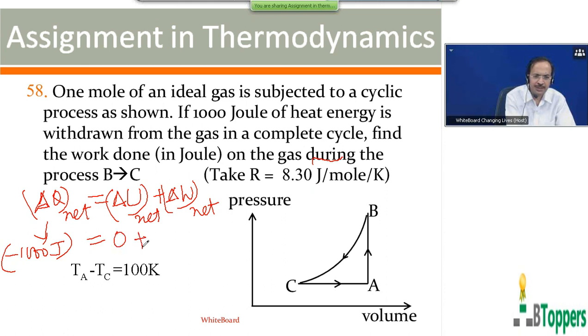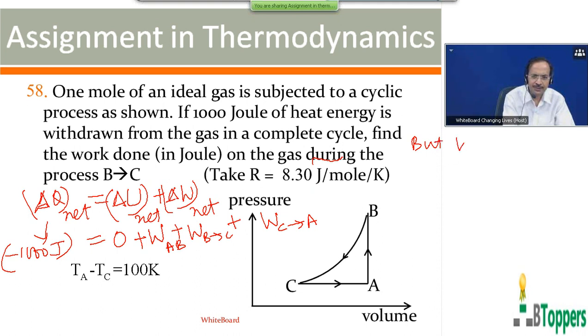So net work done by the gas for the complete cycle is equal to the work done by the gas in the process A to B plus the work done by the gas in the process B to C plus the work done by the gas in the process C to A. So here in the process A to B, the volume of the gas is constant.